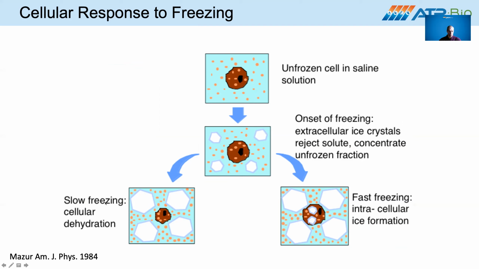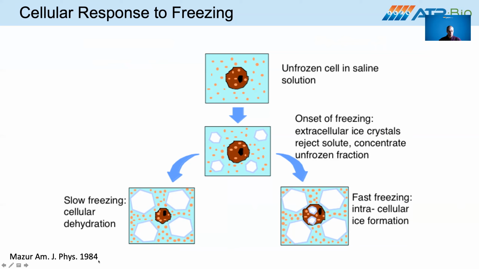If you go slow, the ice has time to grow around the cell, the concentration of the solute rises, and you're extracting water and dehydrating the cell. If you go faster, like what I showed in that last video, you can sometimes trap enough water and supercool it, and it actually nucleates inside the cell. That's called intracellular ice formation. Again, we won't really be getting into that today.